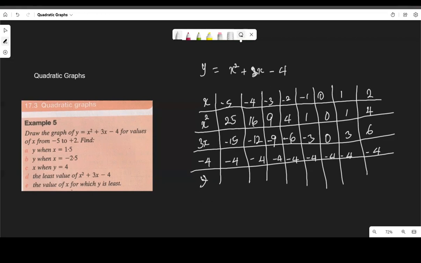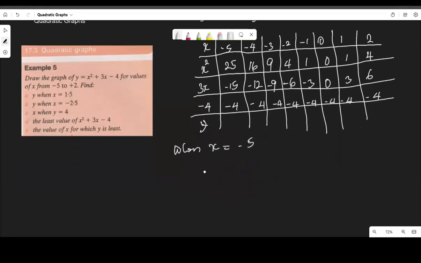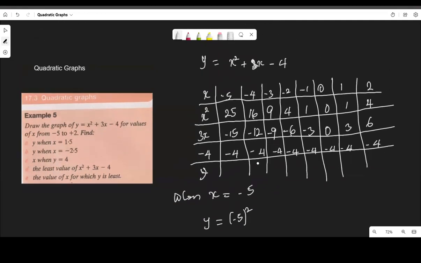So when x is equal to -5, what is y? You solve this by substituting the value of x into the equation.